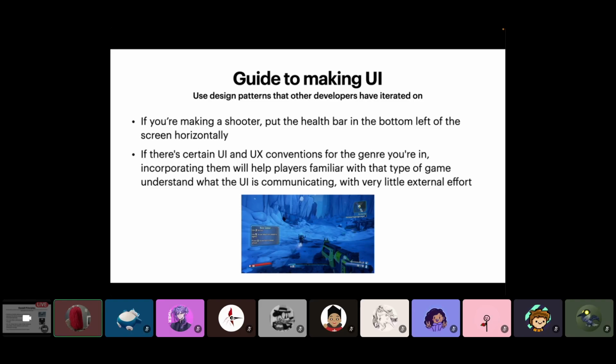So for example, if you're making a shooter, you want to put the health bar on the bottom left of the screen horizontally, because if you follow these principles, it will make the life of the user a lot easier, because the audience will probably be a little familiar with this type of game and understand what the UI is communicating with really little effort. And it'll keep them engaged and save some brain power for them.